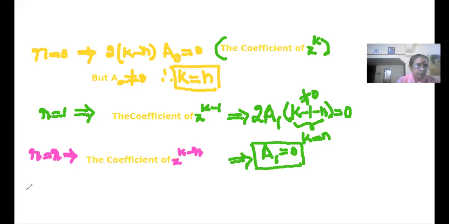Then the equation reduces to the form 2ar into k minus r minus n, and then we are having minus, in order to get the second term, x power k minus r should be replaced by r minus 2.